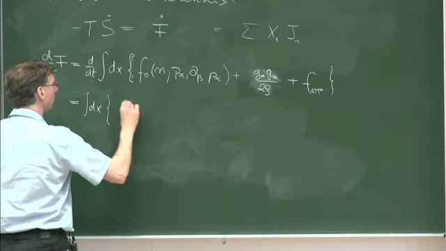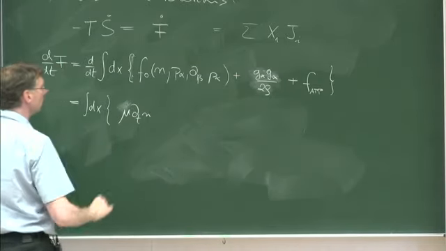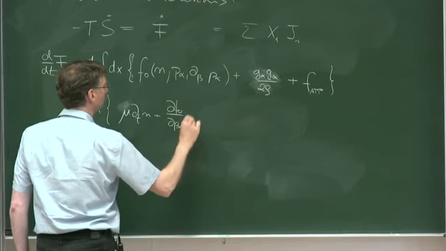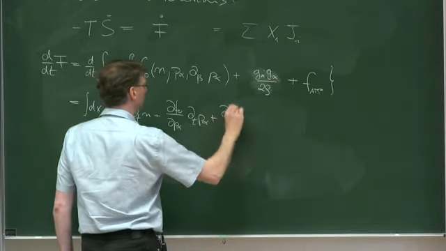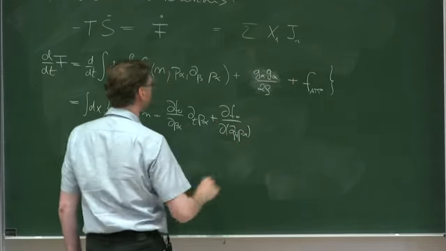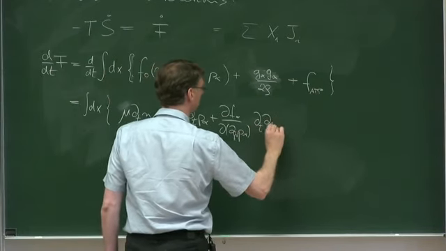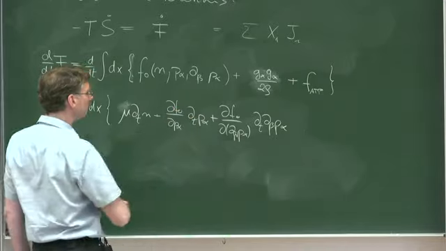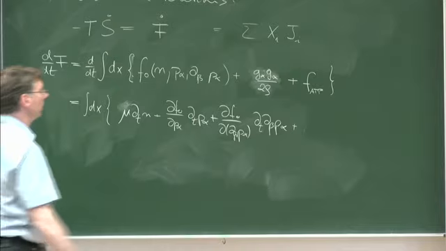So we first have dF naught by dn, which is just my mu, dtn. Then I have dF naught by dp alpha, dtp alpha. I have dF naught by d beta p alpha, dt d beta p alpha. This is this one, that one. Then we have to evaluate this one here.